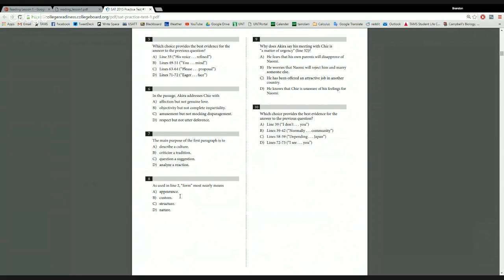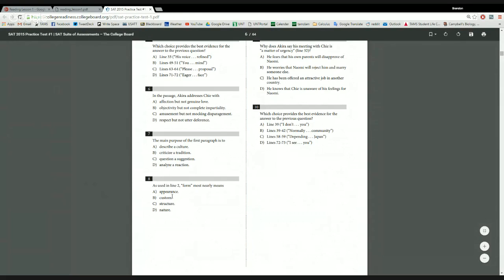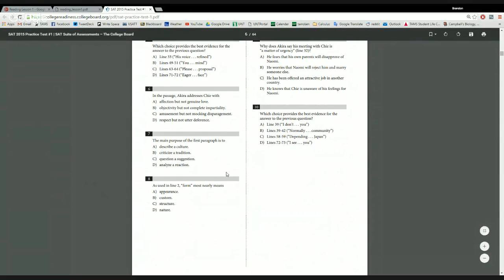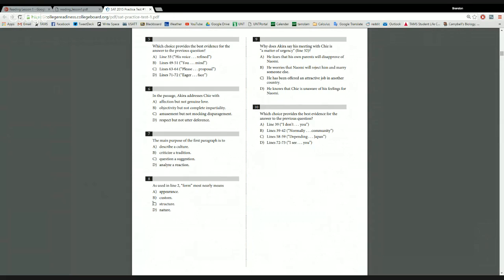Does a custom, which is actually quite similar to a procedure, especially with the tradition mentioned in the first paragraph? So we're going to stick with that one for now. We'll look at the other answer choices. Is a structure like a procedure? Sort of, but not exactly.